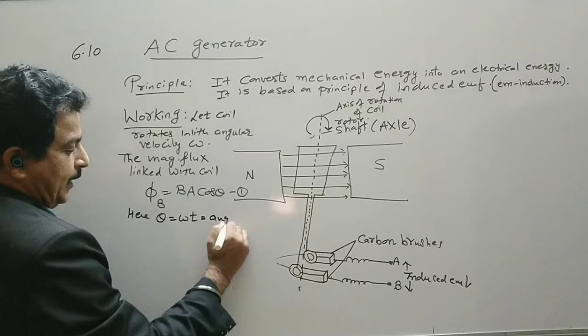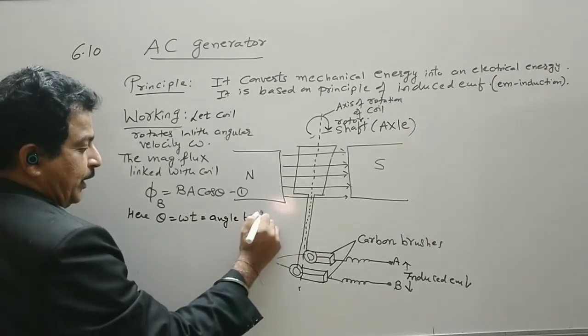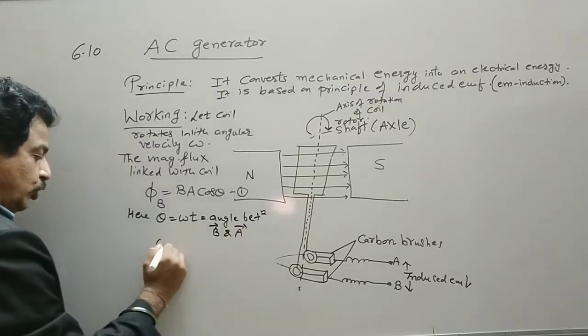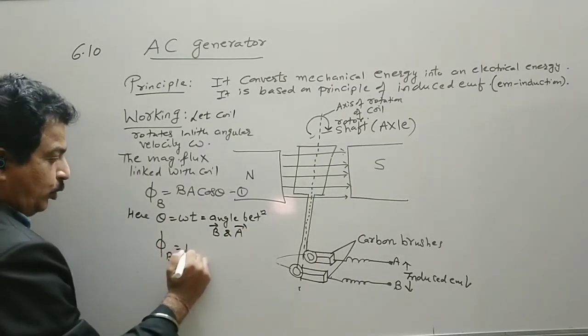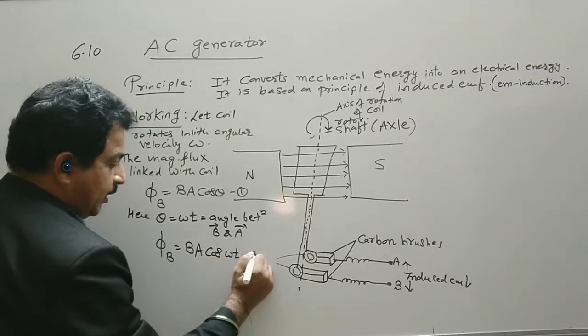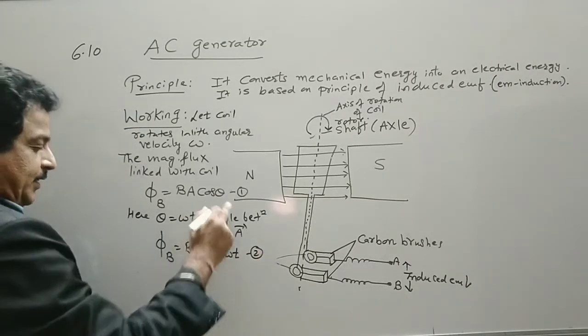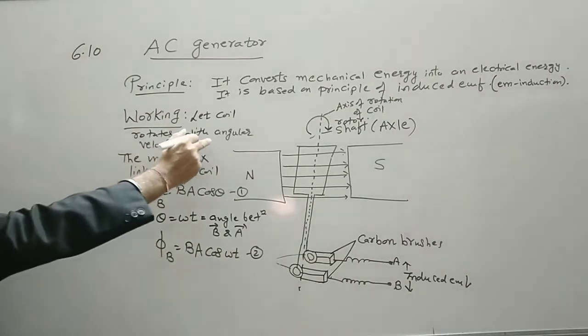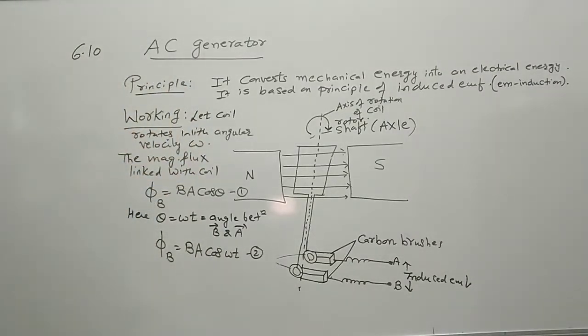This is the angle between the B vector and the A vector. So the magnetic flux is equal to BA cos of omega t. So now theta is replaced by omega t, where omega is the angular velocity.